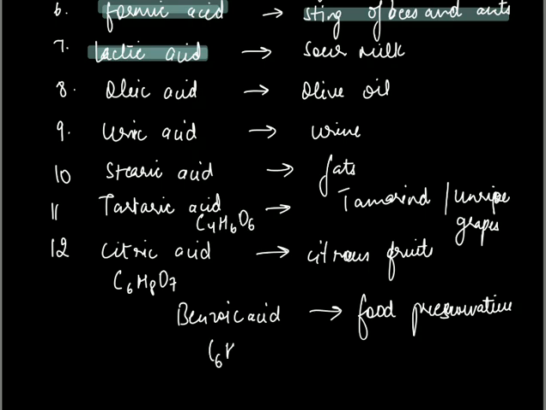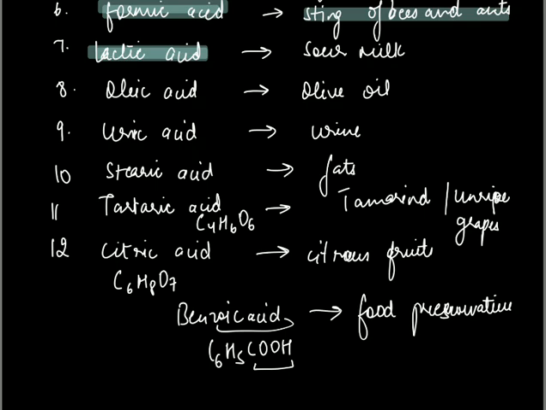Benzoic acid is C6H5COOH. If you remember from the previous class, organic acids have this group in common, the COOH group, and that is called carboxylic acid.